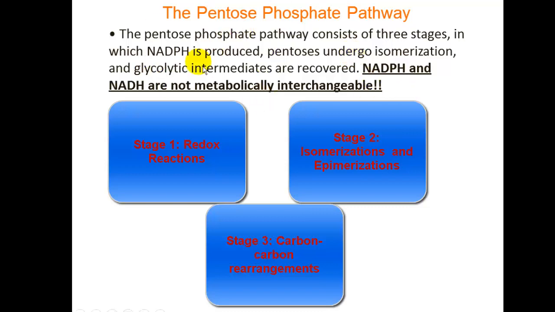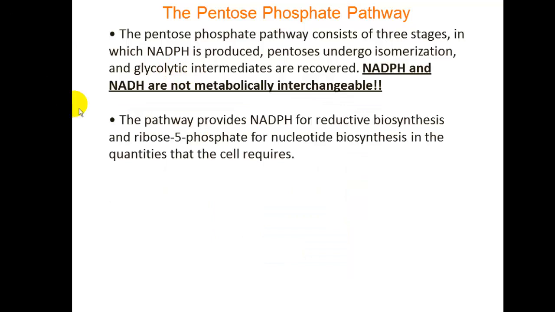And then the third stage of the pentose phosphate pathway is the carbon-carbon transfer phase. So 3 steps: the redox step, oxidation reduction, the isomerization or the epimerization phase, and then the third phase is the carbon-carbon transfer phase.